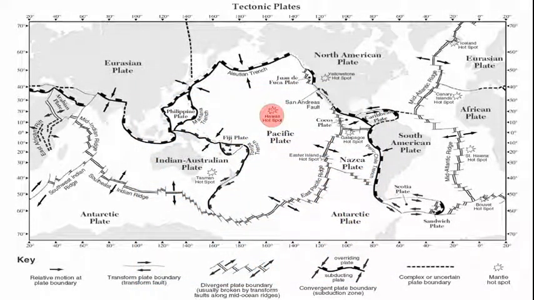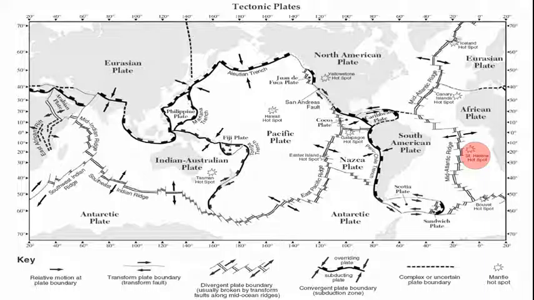Now Hawaii is not the only hotspot. You have a bunch of them. You have the Tasman, the Easter Island, the Galapagos, the Yellowstone, the Bouvet, the Canary Island, the Iceland, and the St. Helena hotspot.